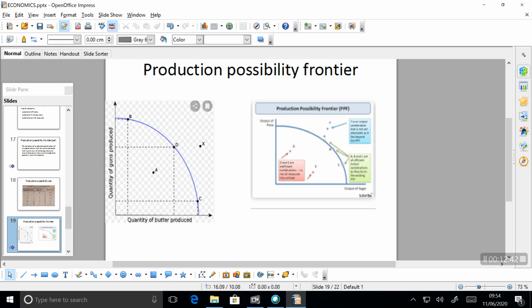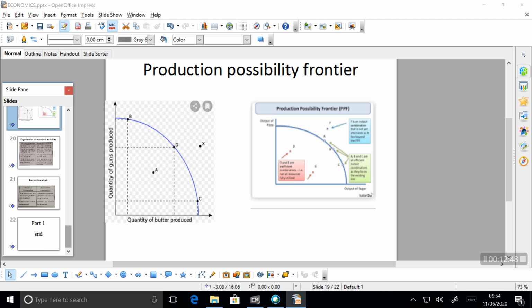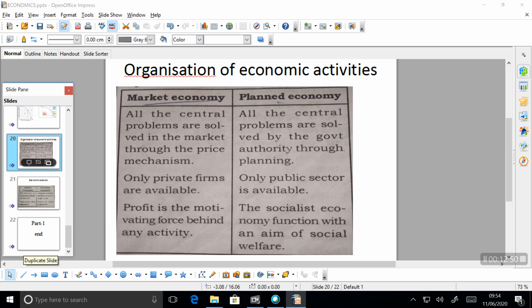Related to all these activities, there are two important organizations in our economy. The first is the market economy and the second is the planned economy. Then what is the difference between the market economy and the planned economy? In a market economy, all the central problems are solved in the market through the price mechanism.